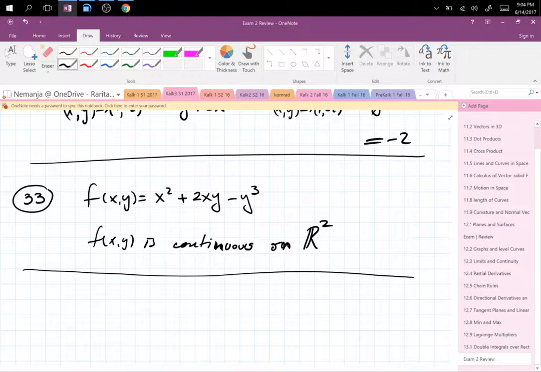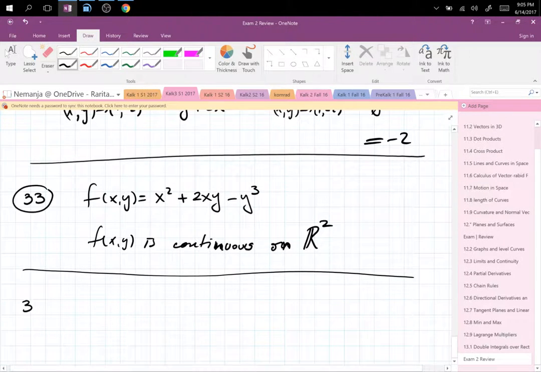The function is differentiable everywhere, so it's continuous everywhere. The next problem, we can pick any one of these. 36, whatever. They all look the same. After this, 33 is the only one of this kind, and all other problems look the same.